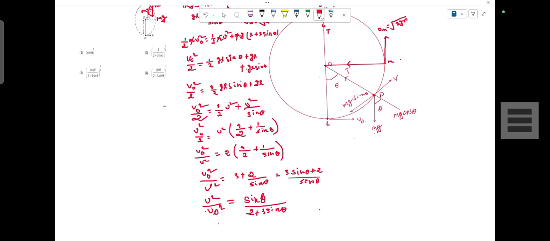If you take the root, that will be v by v naught equals root over sin theta by 2 plus 3 sin theta. That is the right answer of this question. Okay.